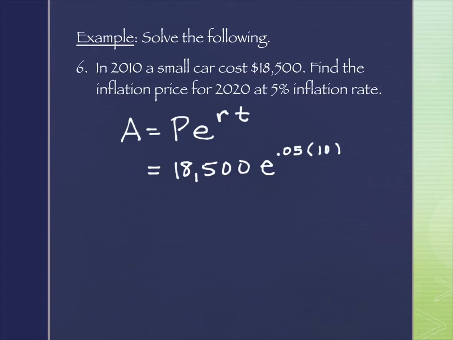So we'd have a 10 here. If I multiply these two together, 0.05 times 10, I get 0.5. And if I take my 18,500 e to the 0.5, I end up getting that the cost of that same type of car, a basic, new, small car, 10 years later is now $30,501.34. It's a 5% inflation rate over a 10-year period of time.